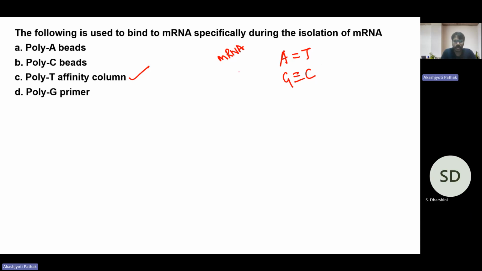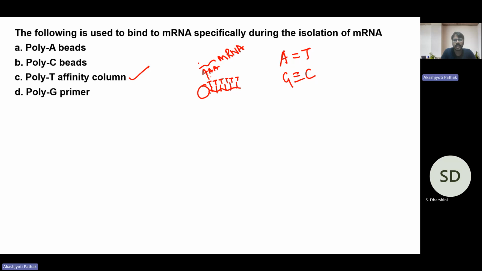If you want to bind your mRNA, or particularly specifically purify the mRNA, then you need a resin. This resin will have this oligo DT base pairs. The mRNA will have the poly A tail.